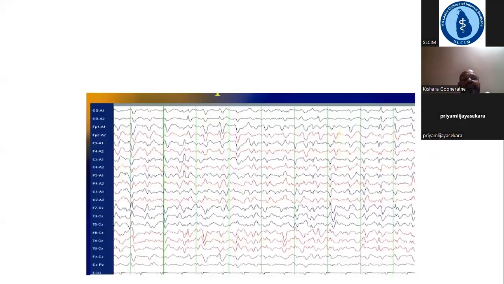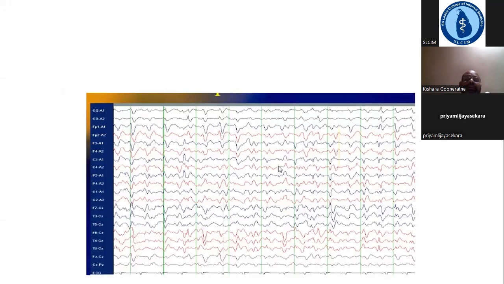Right. So if you look at the screen here, these are the typical triphasic waves, where we first have the positive deflection, then the negative deflection, which is an upward deflection. Then we have the high amplitude positive deflection, which is again a downward deflection, and then a less sharp upward deflection, which is a negative deflection.